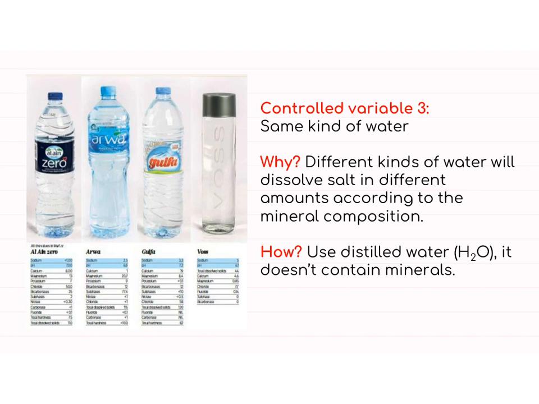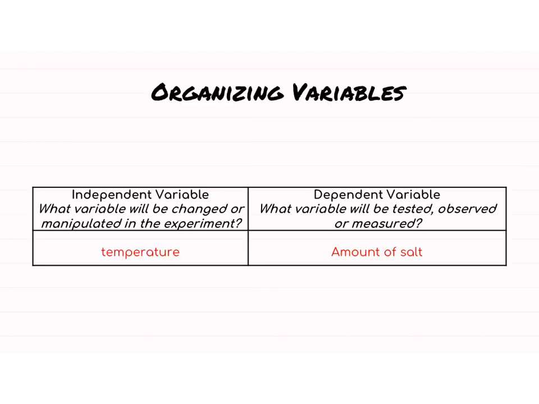So Sarah should use the same kind of water in all the given test tubes in the experiment. Why? Because different kinds of water will dissolve salt in different amounts according to the mineral composition. What is the best solution for this? In this case, we have to use distilled water, H2O, because it doesn't contain minerals.